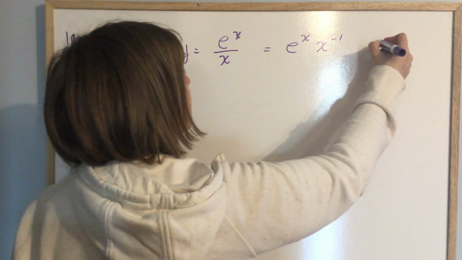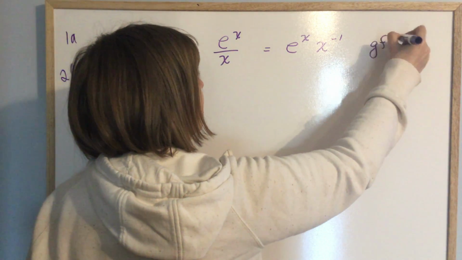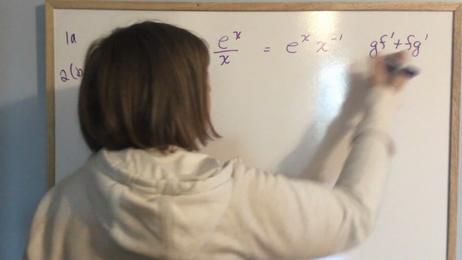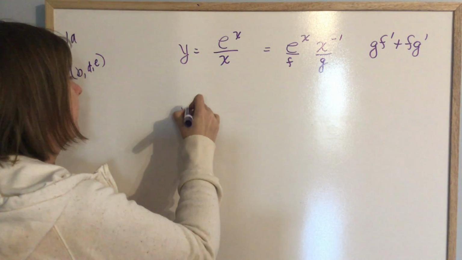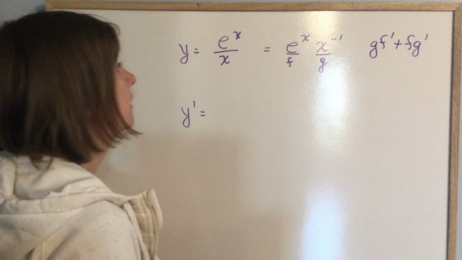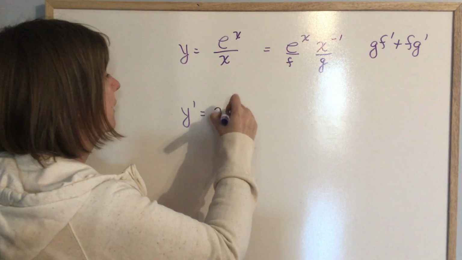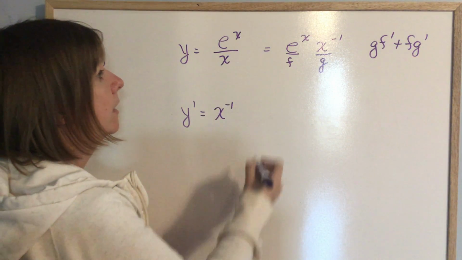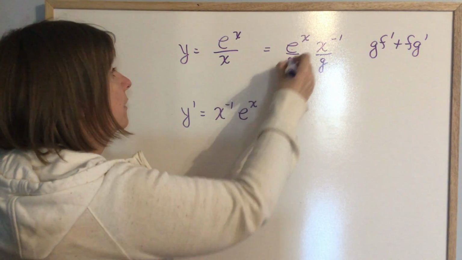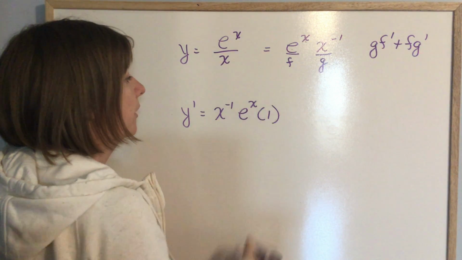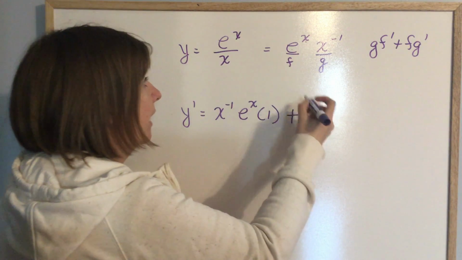And again, I would think about g f prime plus f g prime, this being f, this being g. So my derivative is going to be g, x to the -1, f prime. The derivative of e to the x is e to the x, the derivative of x is 1, plus f.